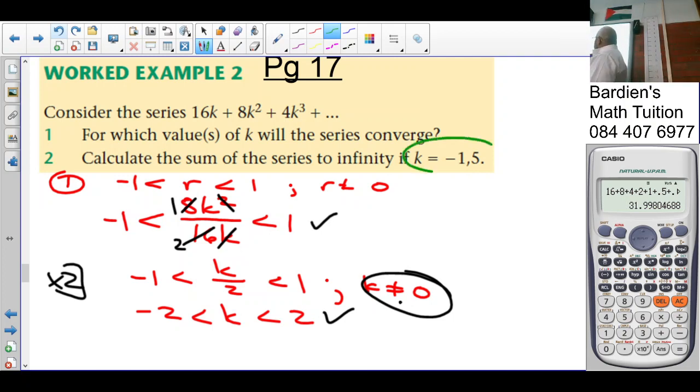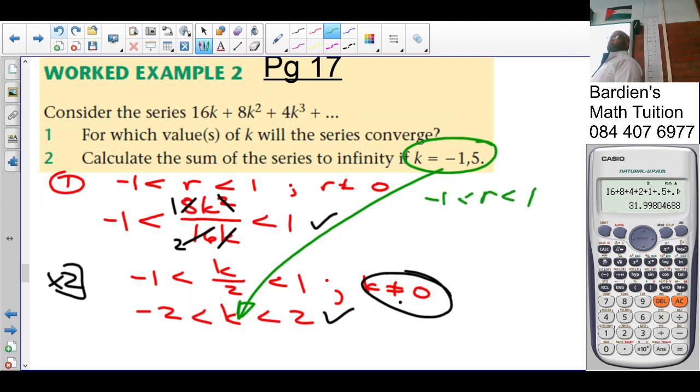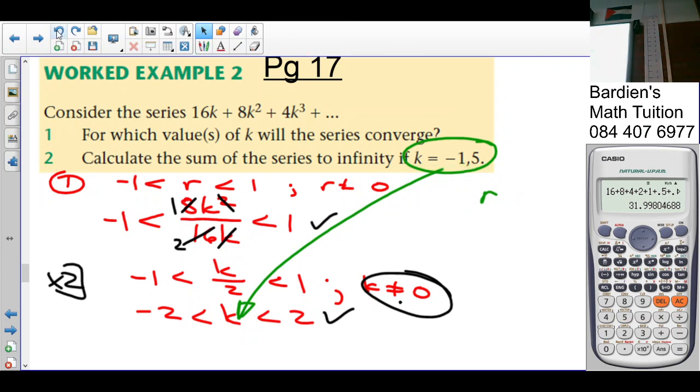K has to be greater than -2 but less than 2. For those of you who are probably saying no, you are thinking of r being greater than negative 1 but less than 1. But what are they talking about here? K. So will the series converge? Yes. Because it does conform with what we have just calculated.